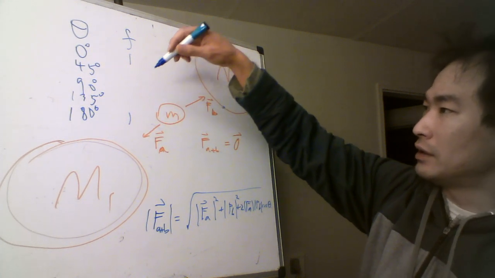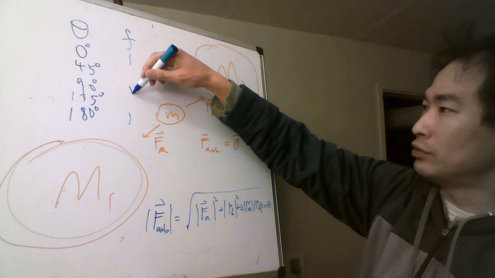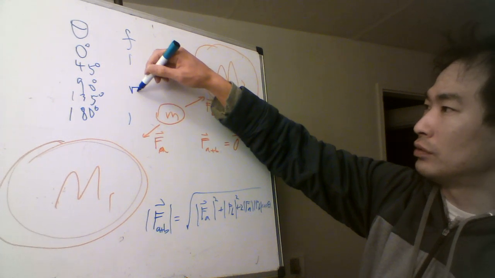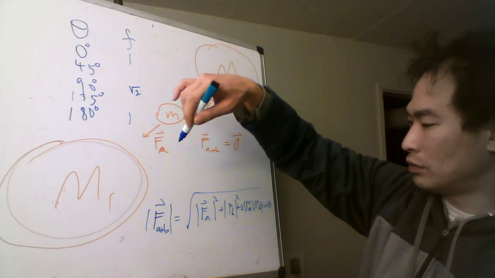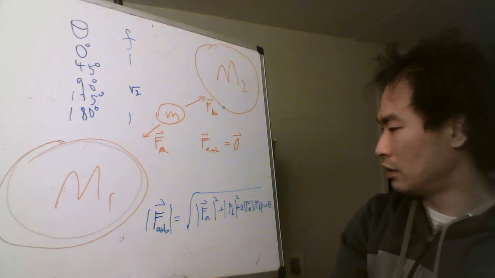If it's 90 degrees, it should be the square root of 2. No.